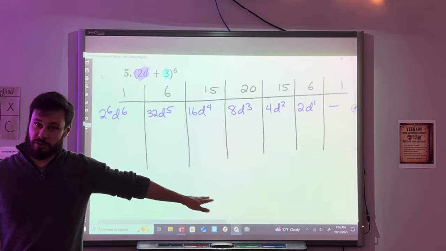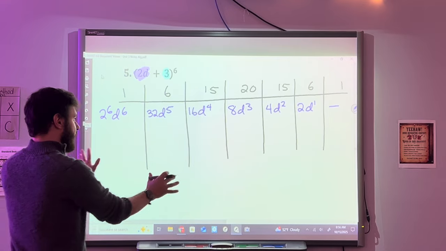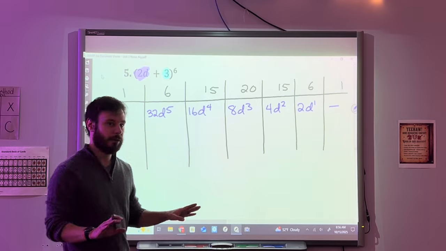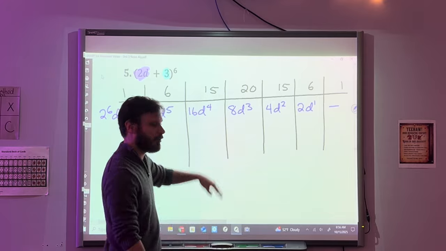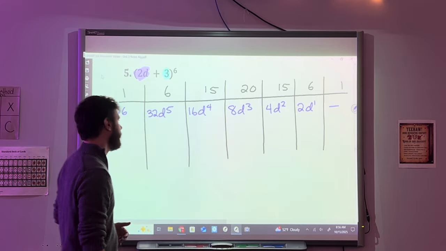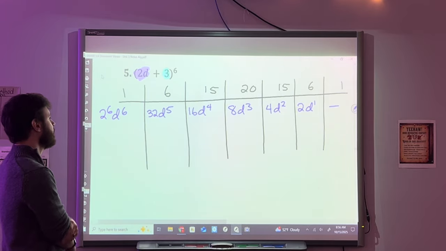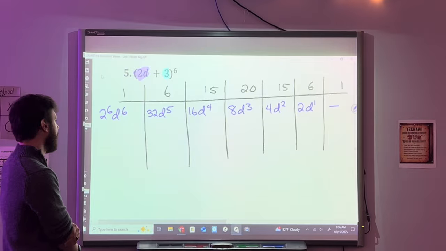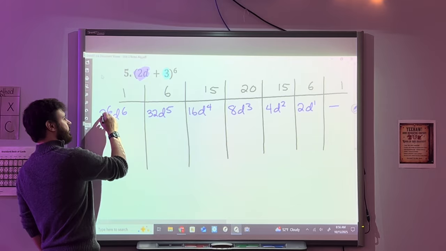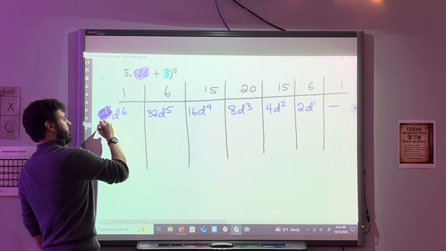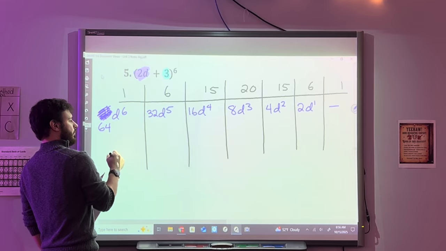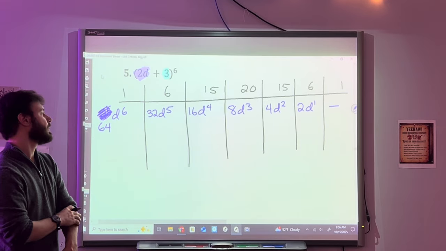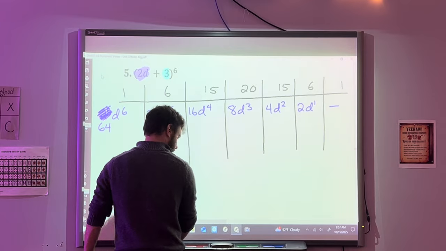If you don't want to skip that, if you don't want to do this and combine right now, don't, okay? Write 2 to the 4th, write 2 to the 3rd, and then go back and get it. Okay. All right, this is 64. 64, d6.